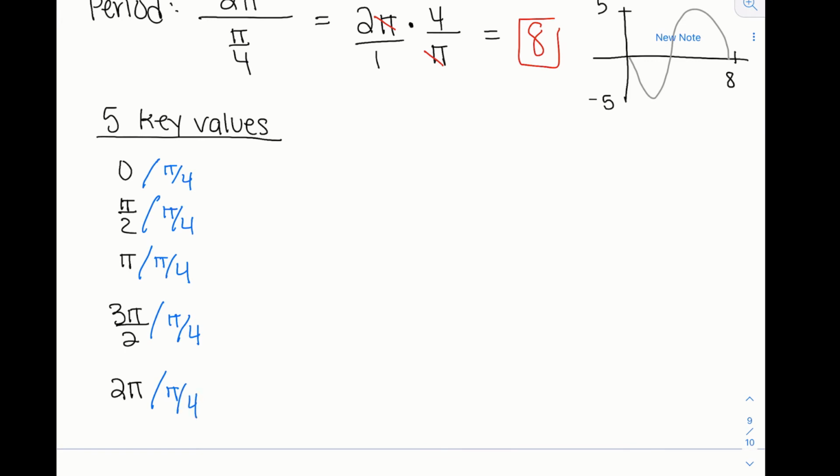And since in each case we're dividing by a fraction, I would change it to the reciprocal and do multiplication. First one's going to stay at 0, because 0 divided by anything is still 0. And next one, for pi over 2, I'm going to multiply by the reciprocal, which is 4 over pi.